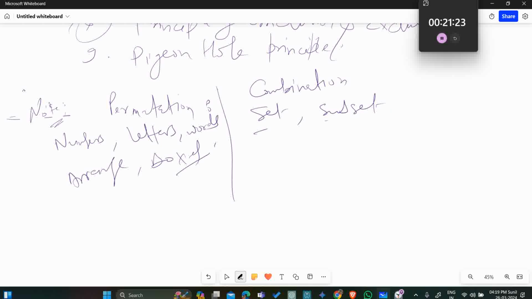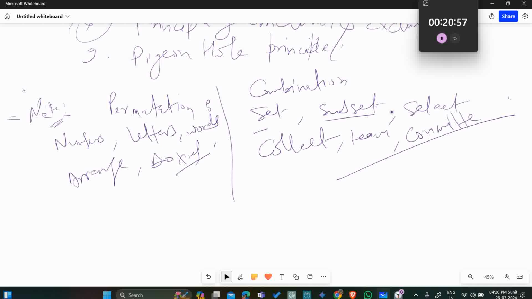And these are types of data sets. The order does not matter. And selecting people, selecting things from the objects, and collect. We can say team also is part of combination. Committee. These keywords are used for combination.